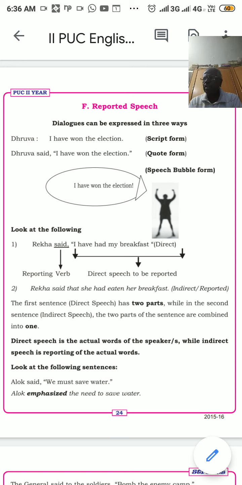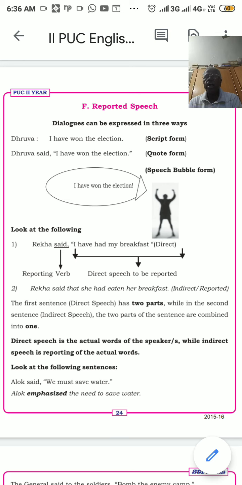Present perfect continuous is formed by have plus been plus ing. Okay, you must know how the tenses are formed. Then underline was doing, had been doing. Was doing, past continuous; had been doing, past perfect continuous.